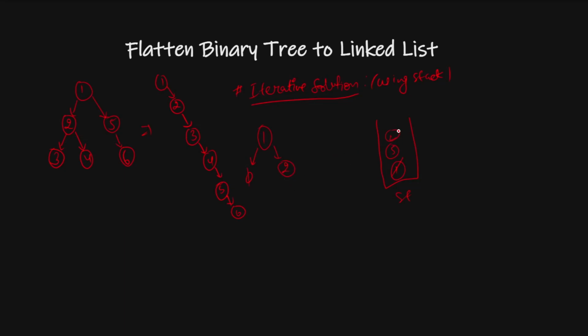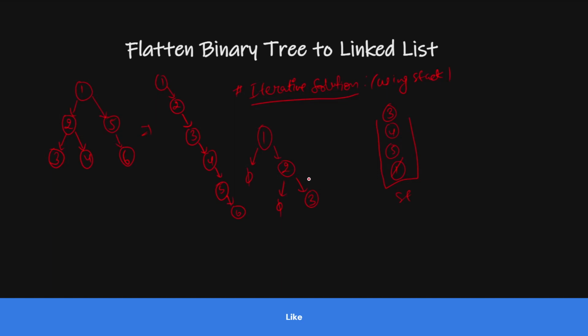Now after that I will pop my current top, and after popping, first of all I will push its right. So 2's right is 4. So I will push right here and then its left, and after pushing them I will make its left null and its next element will be my top, which is 3.